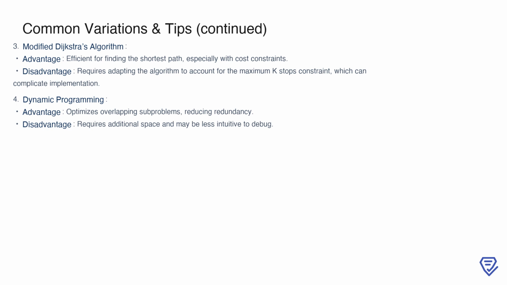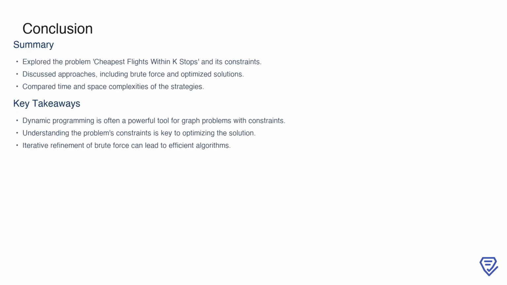While this approach can be powerful, it does come with trade-offs. It usually requires additional space and may be less intuitive to debug compared to other methods. Each approach has its strengths and weaknesses, so understanding the problem requirements and constraints is key to selecting the most appropriate solution. Great job! We've explored the cheapest flights within K-stops problem and walked through its solution strategies.